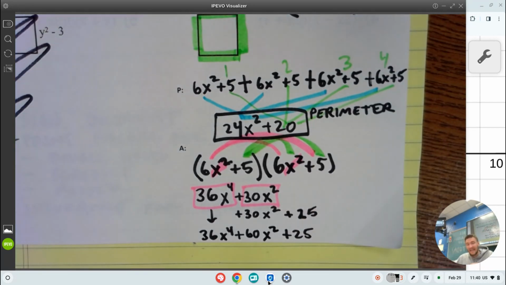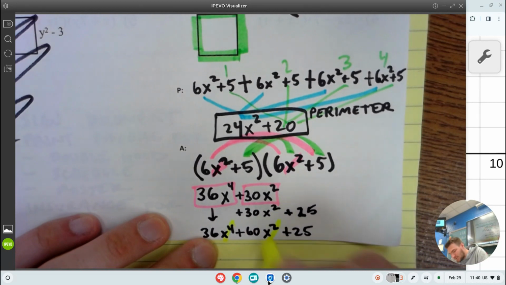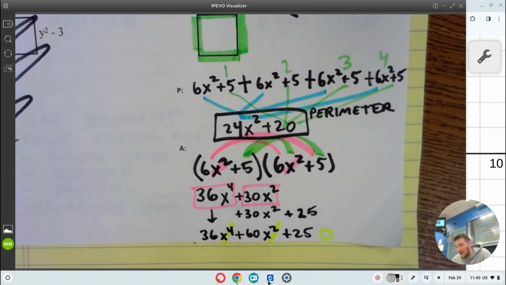So instead of foiling being a 2, 1, 0, we're doubled up. Instead of 2, 1, 0, it goes 4, 2, 0. It's still a nice pattern, right? It's just double what we normally have. 4, 2, 0.